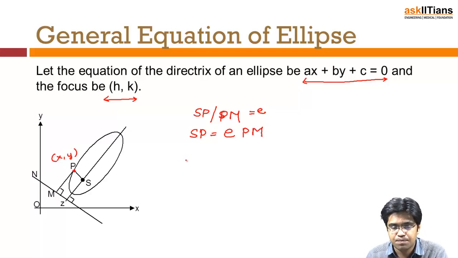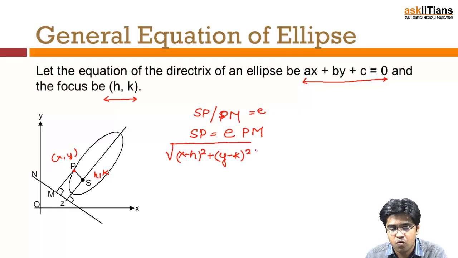Now what is SP? We know that the coordinates of S are h comma k. So SP will be the root of (x minus h) whole square plus (y minus k) whole square. This is the distance formula between two points. e times, what is PM? PM is the distance of this point from this fixed line, that is the perpendicular distance.